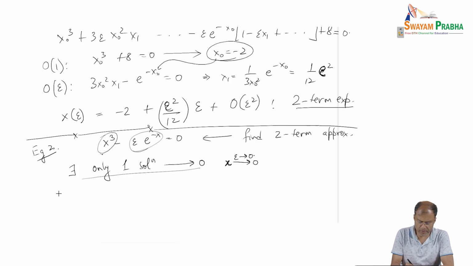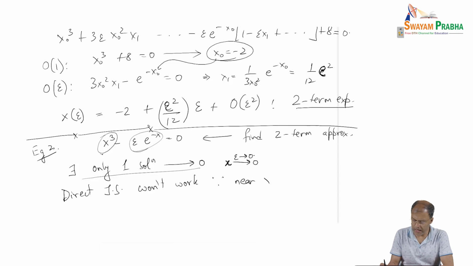Now the problem is that we will see that the direct Taylor series won't work in this case, because near x equal to 0, we have e to the power minus x is 1, and x cube is epsilon, right?